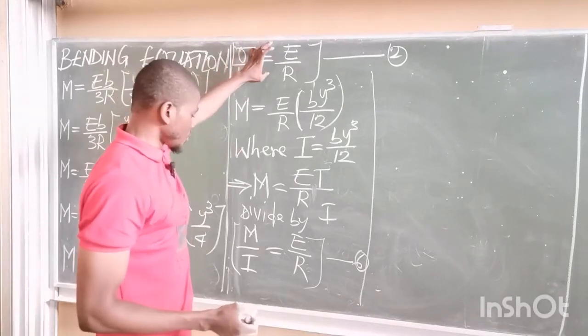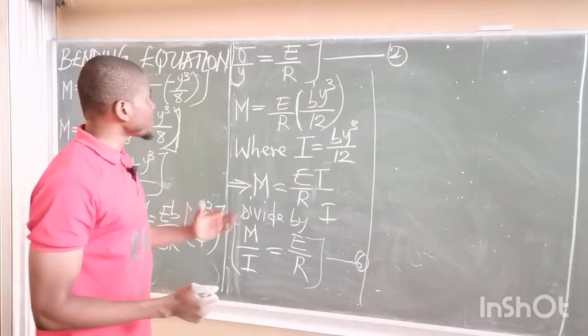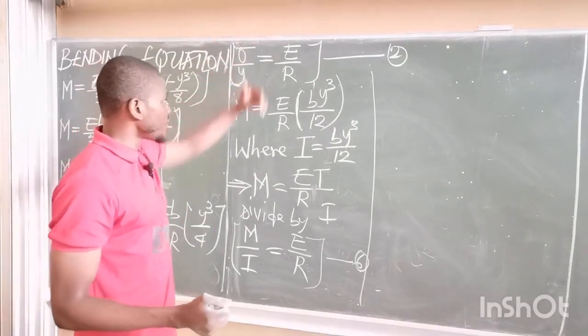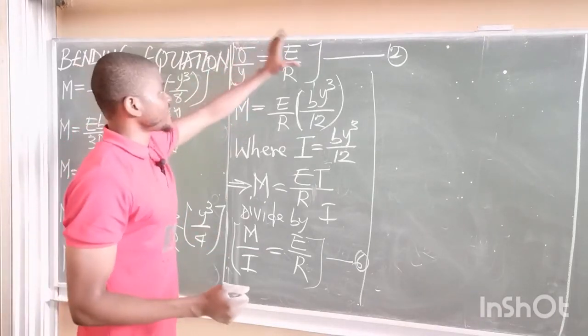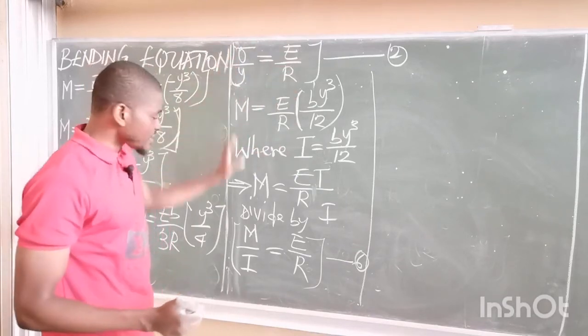Notice now that this equation and this equation are sharing something in common. We have there that stress over y is equal to E over R. So conversely, we can say E over R is equal to stress over y. Same thing happens here.